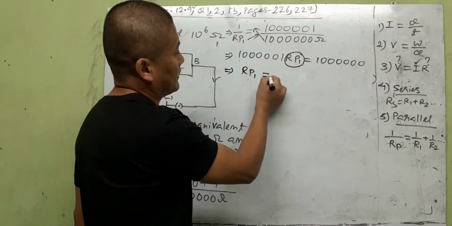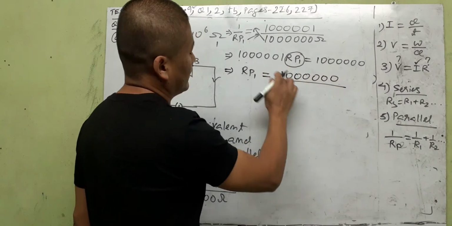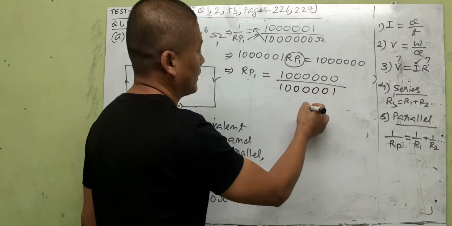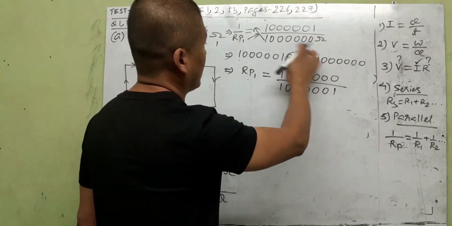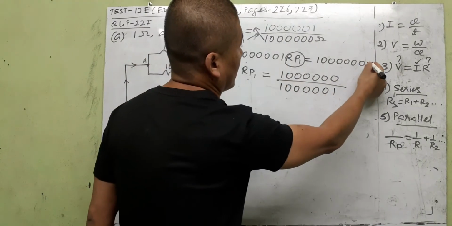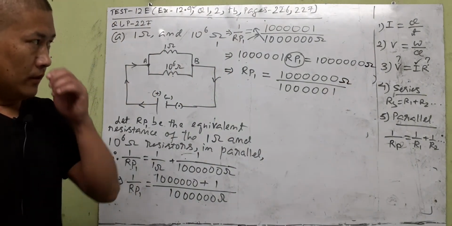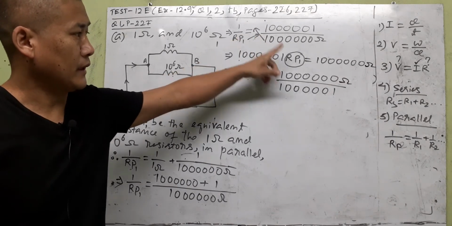So RP1 equals 10 to the power 6 by 1000001. Along with the ohm, it is 10 to the power 6 into 1, 10 to the power 6 ohm. So the ohm is on the numerator now.